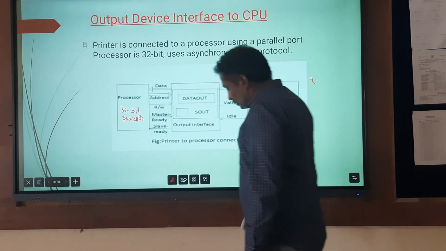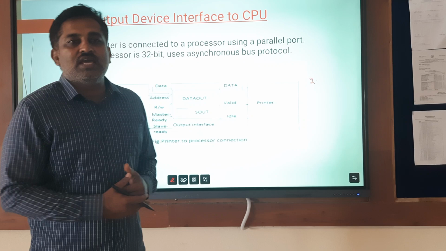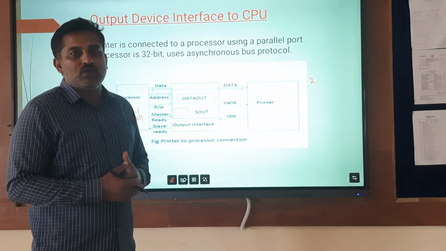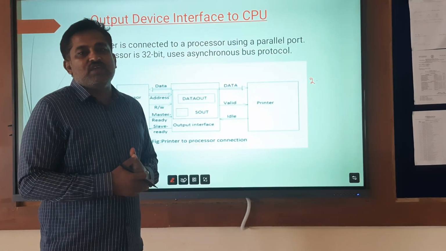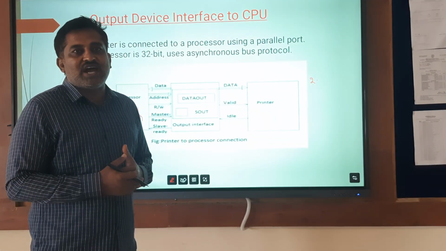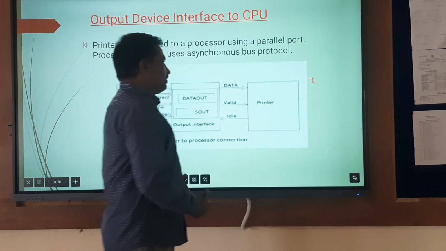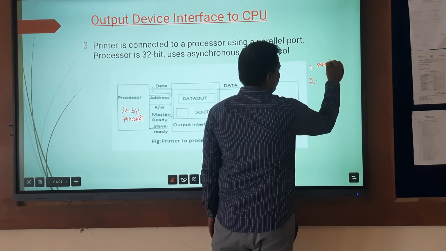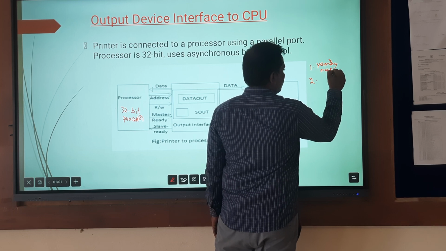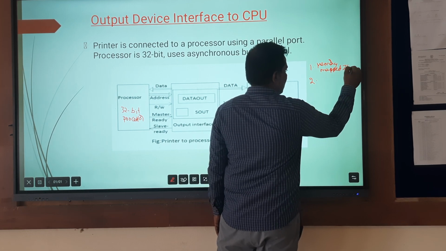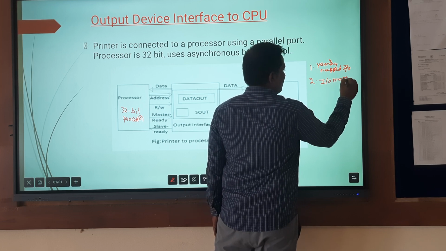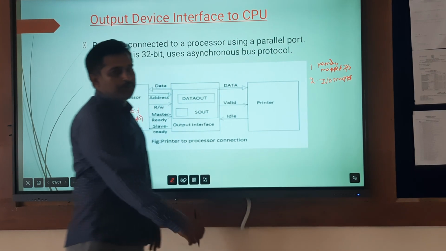The second one is that whenever we address any device to the processor or to the computer, we may use any one of two schemes for addressing the device. One is memory mapped input output, and the second one is input output mapped, or isolated input output mapped.